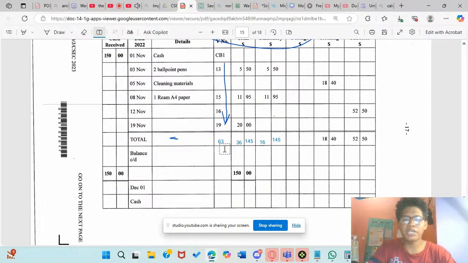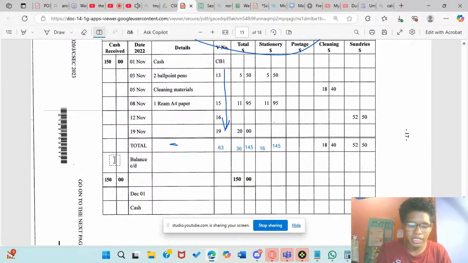Now we just have to tally our total, which is 63 plus the 36, 145 plus the 16 plus the 145 again, plus 18 plus 40 plus the 52 plus the 50.